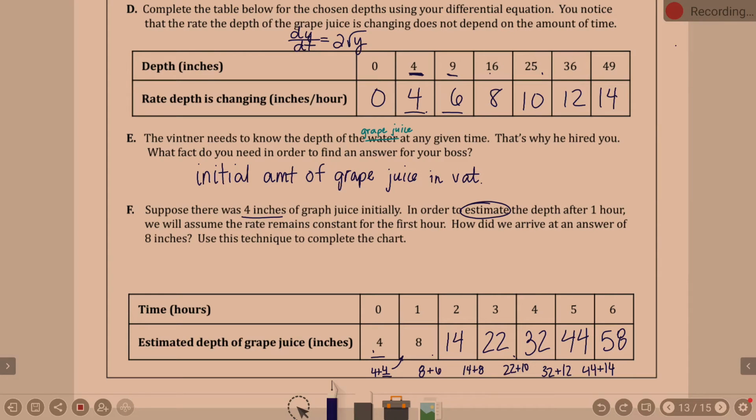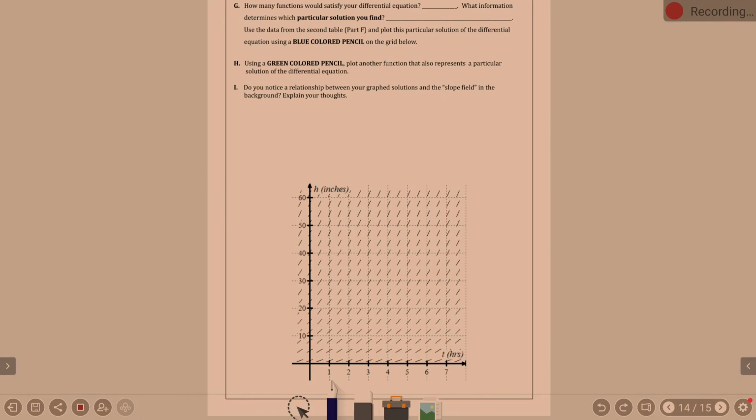So if you have a differential equation and we solve it, then we tag on that plus c, right? And the question is, how many functions would satisfy your differential equation? When you tag on that plus c, that's one general equation, but how many particular options are there? That would be an unlimited amount, or in other words, infinite. So I just have an infinity sign in there. It's not a set number.